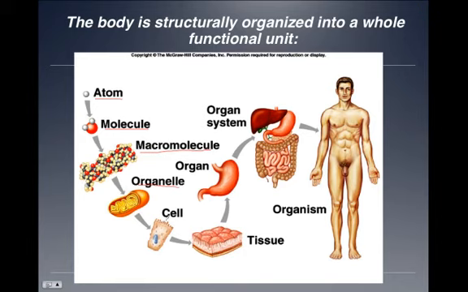Organelles working together make up cells. Cells that are functioning together for a specialized function make up tissues. Tissues, again, specialized tissues functioning together for a common function make up organs. Organs working together for a common function make up organ systems. And of course, all those organ systems working together make up the whole organism.